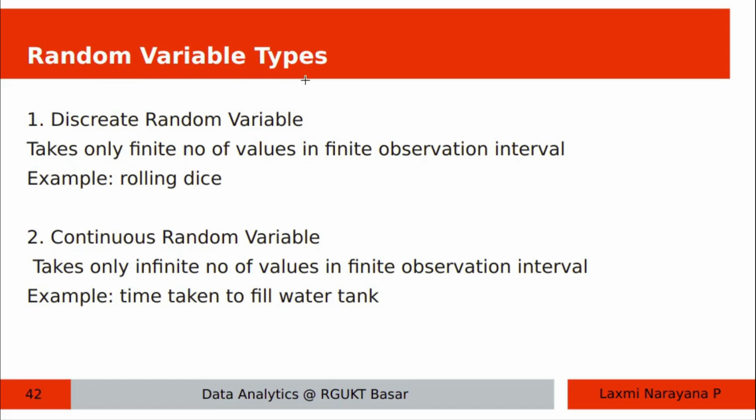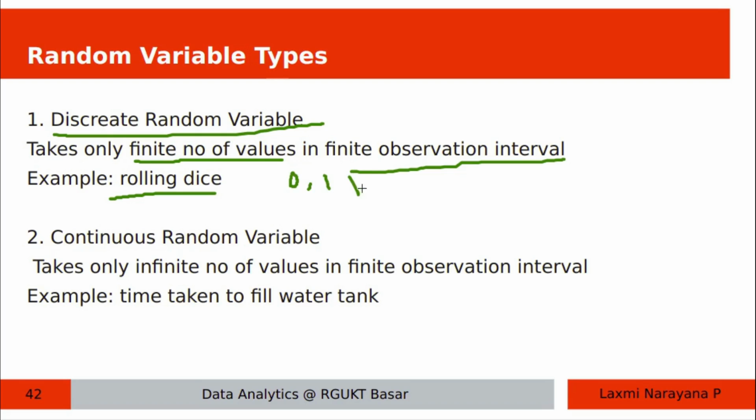Random variables can be divided into two types: discrete random variables and continuous random variables. A discrete random variable takes only a finite set of values in a finite observation interval. If you roll the die some n number of times, you will get only the possible outcomes 1, 2, 3, 4, 5 and 6, meaning it will take a finite set of values.